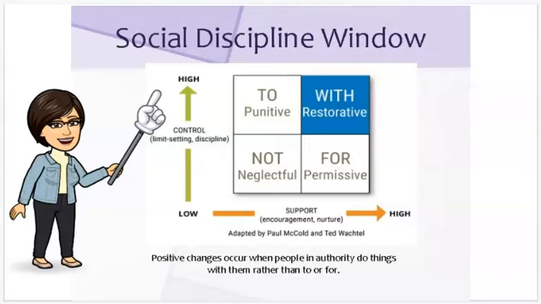Ultimately, where we want to be for there to be positive changes, whether it's between adults, within a system, or in your classroom, is high control and high support. You want to go over there and meet with the "with." And that's where things are restorative.